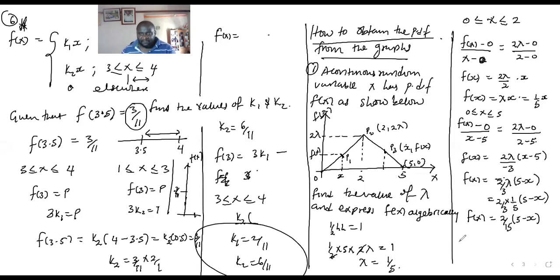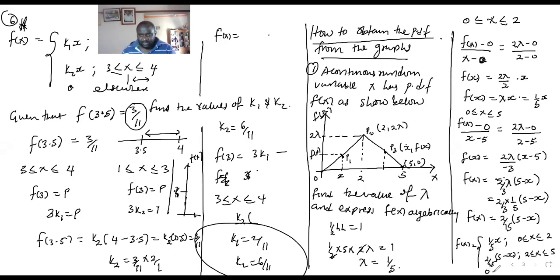So finally, our function f of x, to express it algebraically, you will say the first function is 1 over 5 of x in the region 0 less or equal to x less or equal to 2. Then the second one is 2 out of 15 of 5 minus x in the region 2 less than x less or equal to 5.